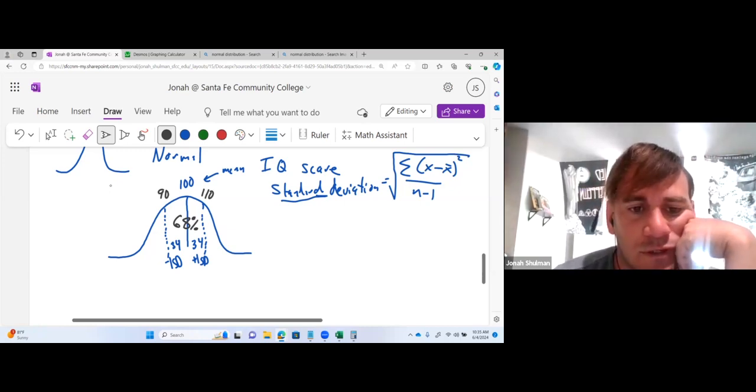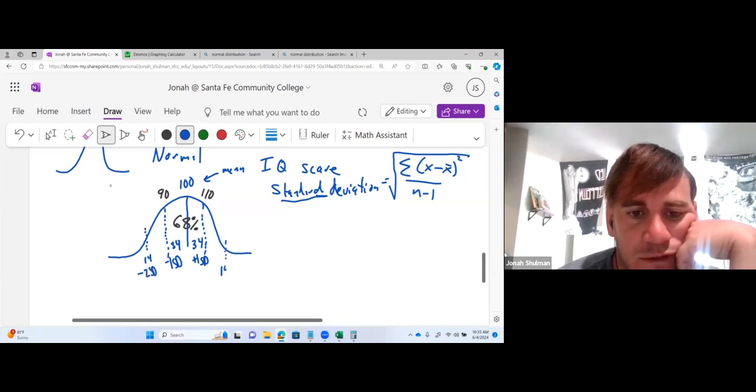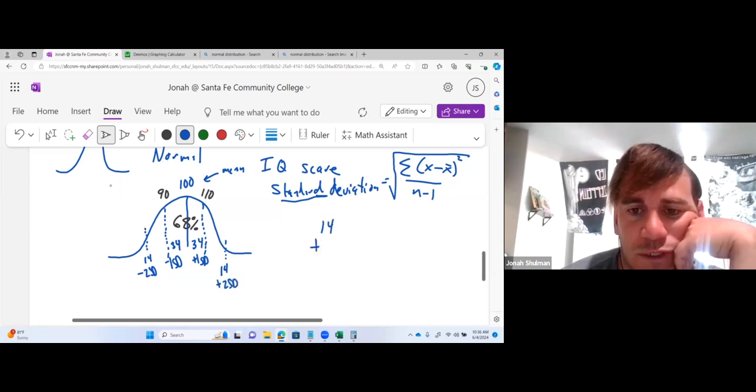So then this is another 14%. And that's -2 standard deviations. And this one is 14%. And that's +2 standard deviations. So what's 14 plus 14? 28, right?